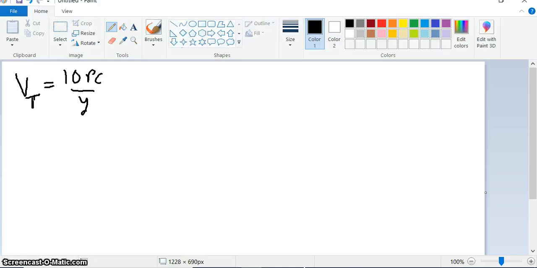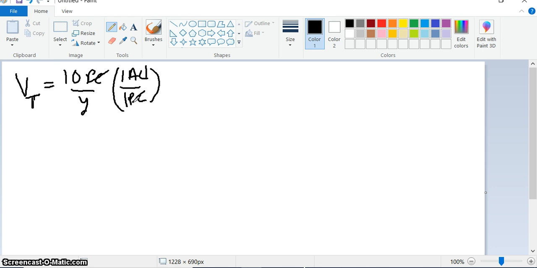That's actually a really easy conversion. 1 parsec is 1 AU, so of course 10 parsecs would be 10 AU. Those cancel, which is pretty trivial.